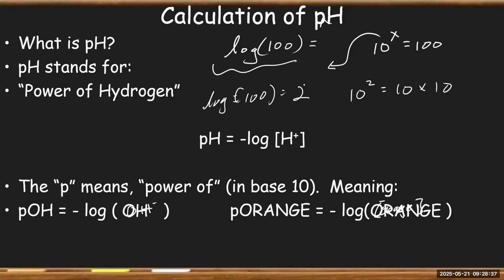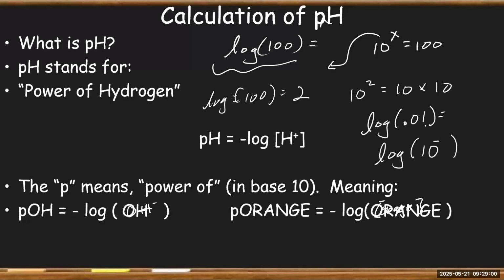Everybody okay? Now, it goes the other way. If you go to log of 0.01, then what happens? Well, you can change this to an exponent. 10 raised to what value will give you 0.01?